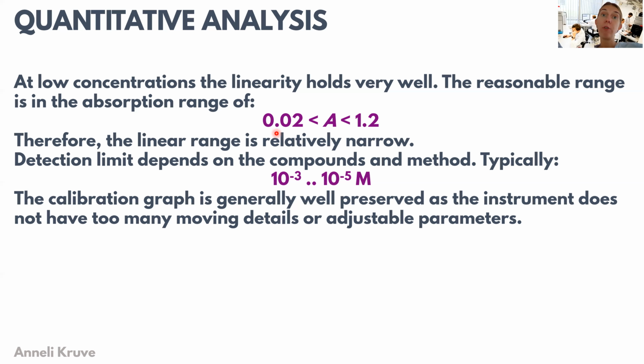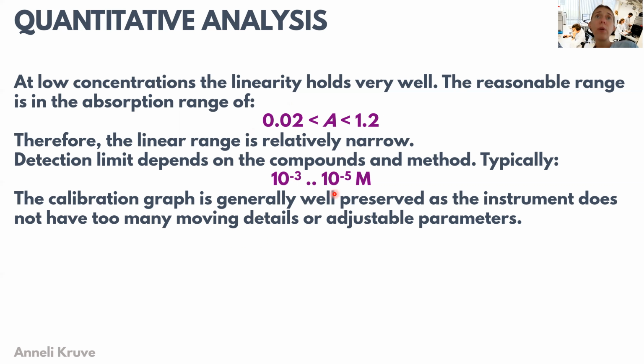So this is either referring to absorption units or arbitrary units, even though absorption actually doesn't have units. So the absorbance needs to be higher than this usually and less than about 1.2 for the linear relationship to hold. However, there can be different other limitations.